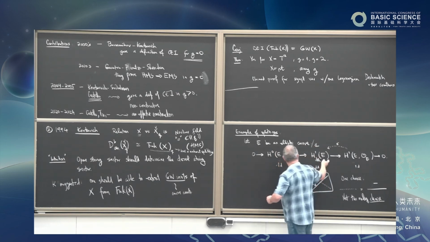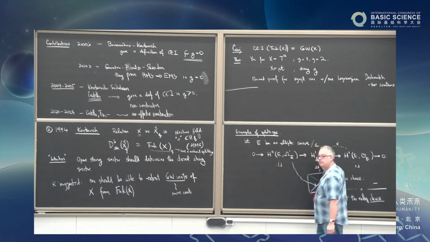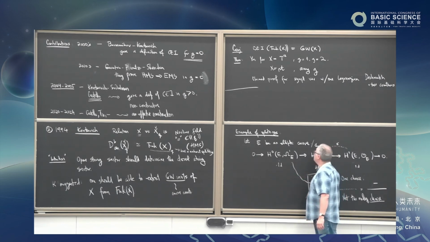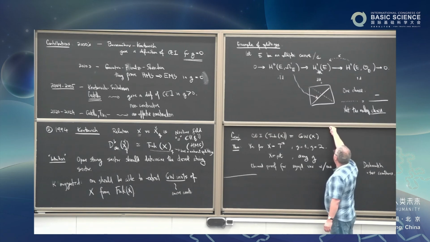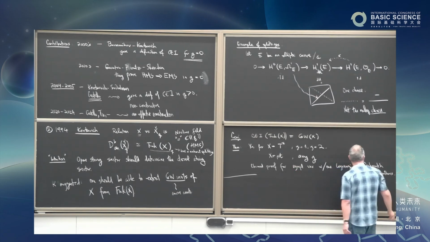The image of the splitting should be the monodromy invariant subspace here under monodromy around the cusp. Not going to go into the details, but I wanted to emphasize this story.